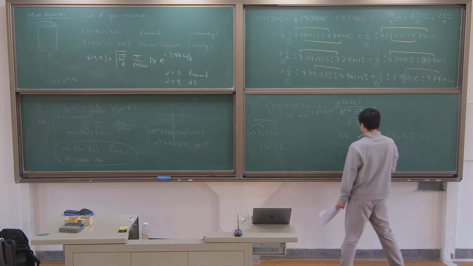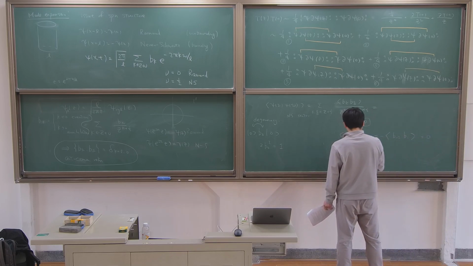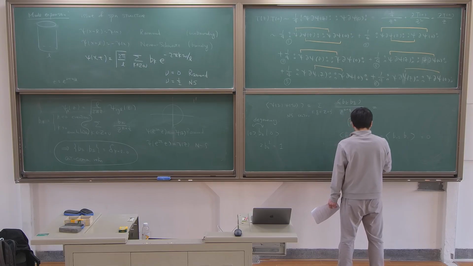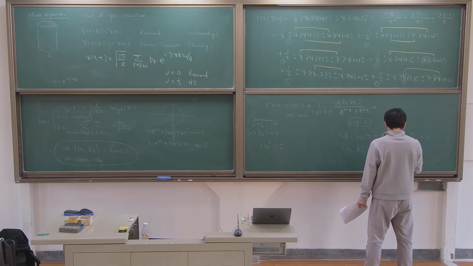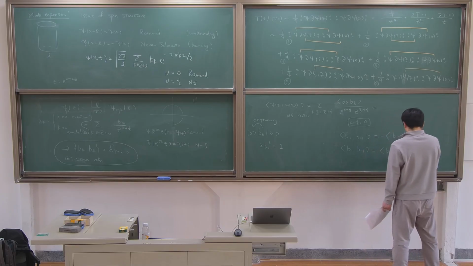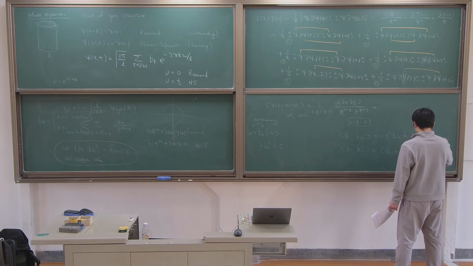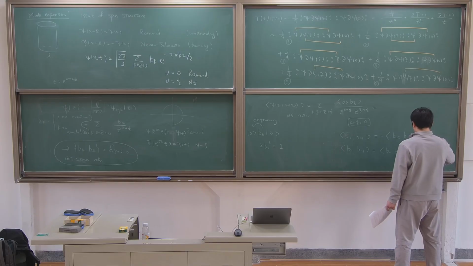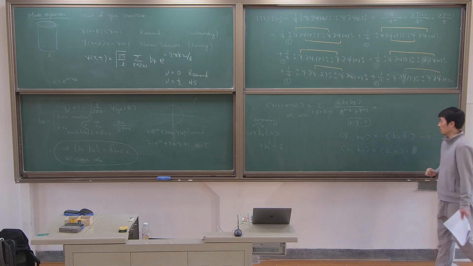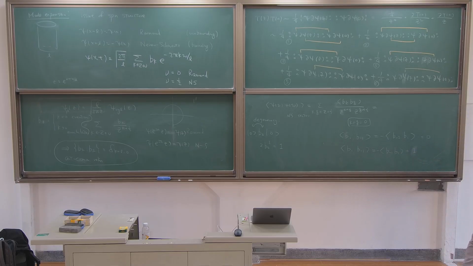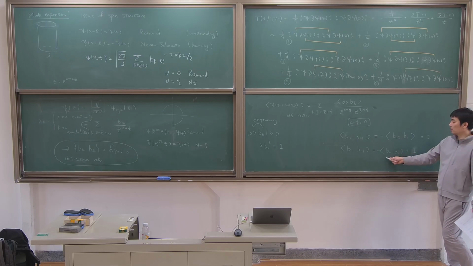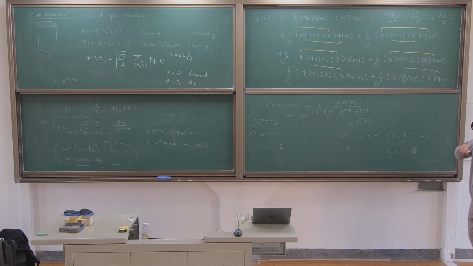Let's look at the k plus q case. The simplest example is something like this one. This is a negative sign. B1 annihilates the vacuum, so this is 0, but at least you get the 1 because of that anti-commutation relation.